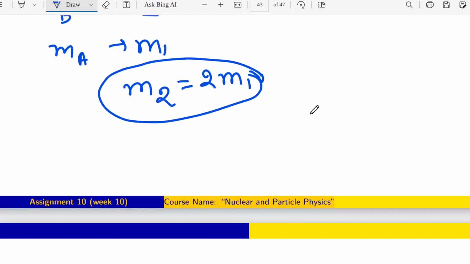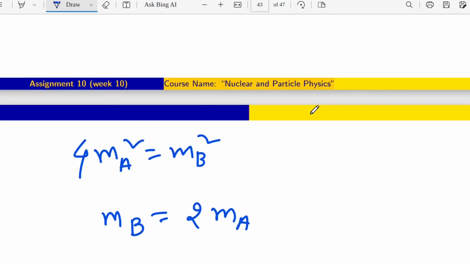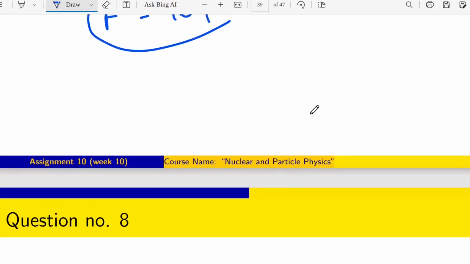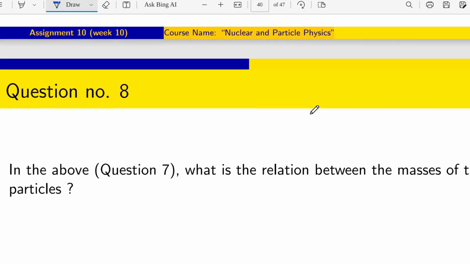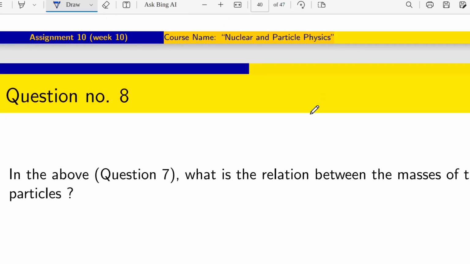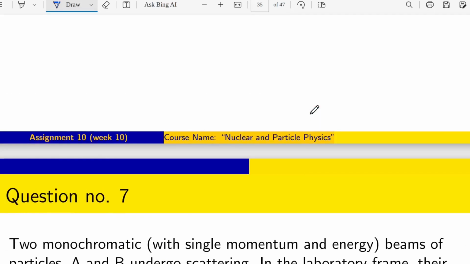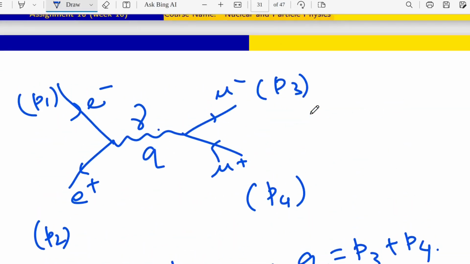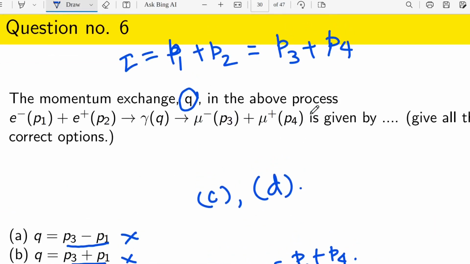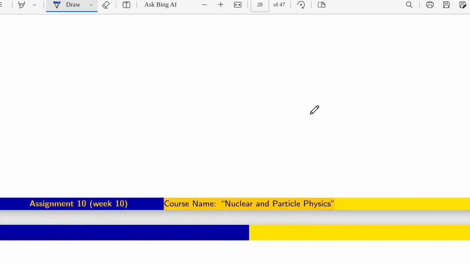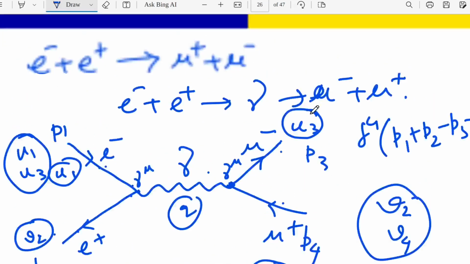So for today's lecture we have just learned about the questions, like the flux density of a scattering process. We have learned about the mass relation between these two monochromatic beams, and previously we have also learned how to calculate the momentum exchange of a scattering process, as well as what will be the TFI for this scattering process.